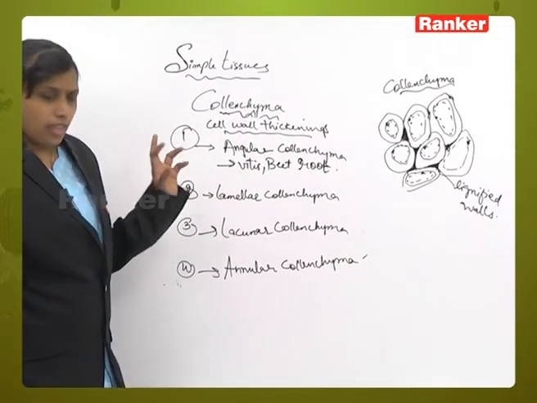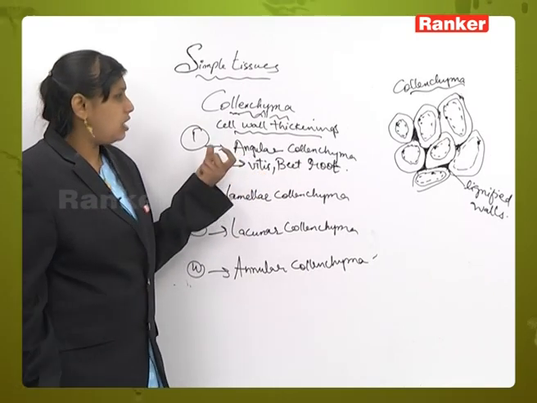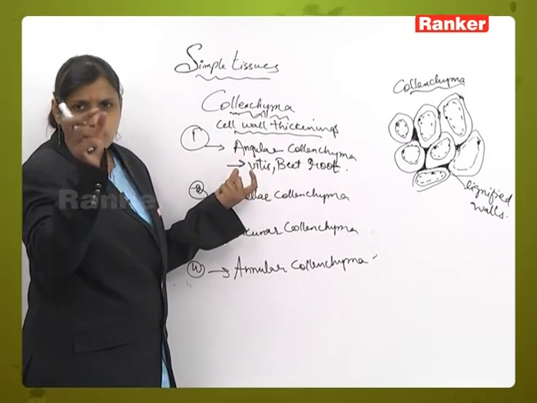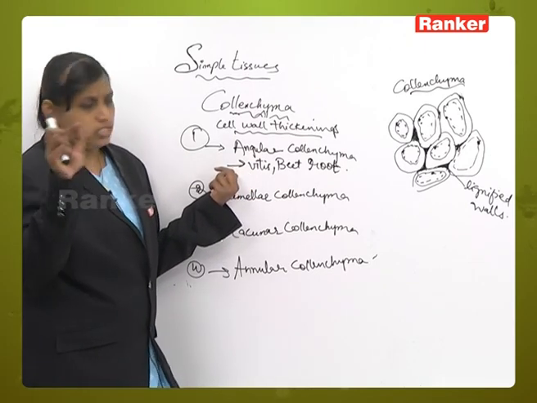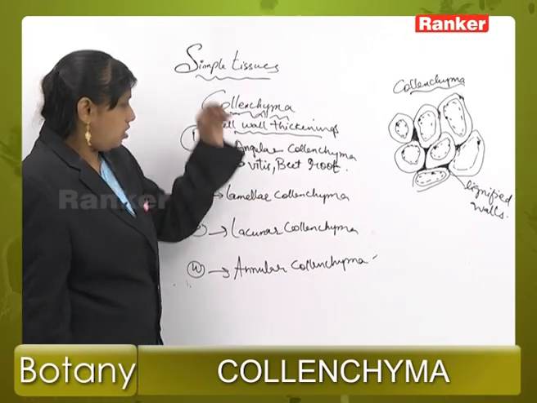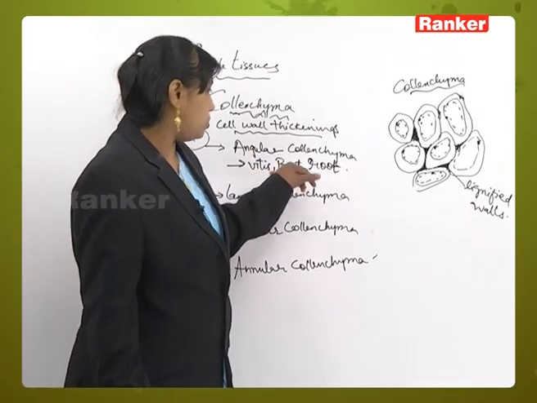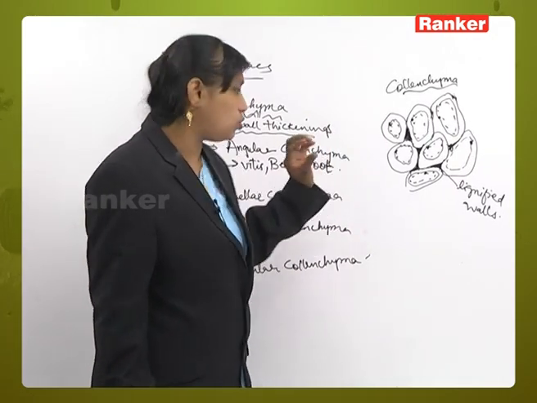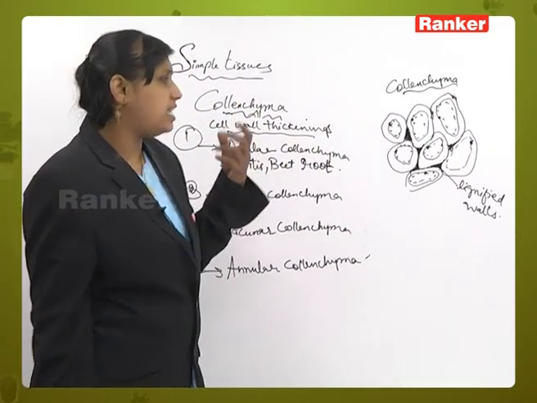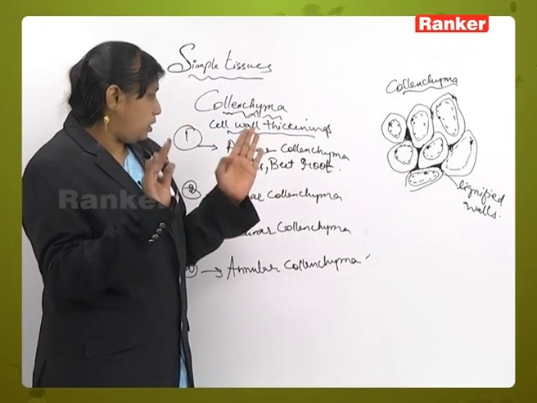When we see the TS of the stem or TS of the Collenchyma tissue, you will see the cell wall thickenings occurring in the angles of the longitudinal cell walls. So, this Collenchyma shows the deposition of cell wall thickenings towards the corners or angles between the two cells.